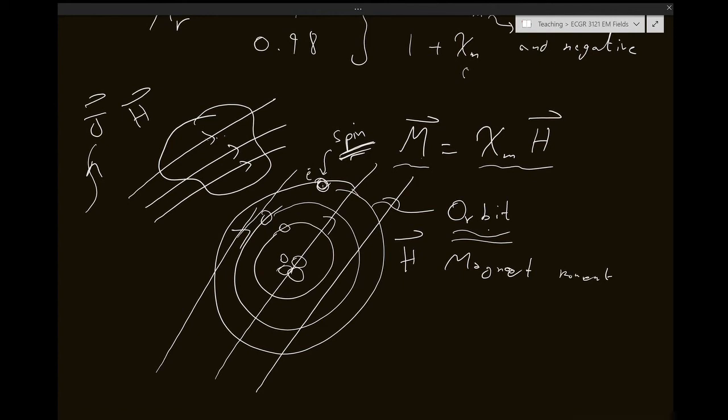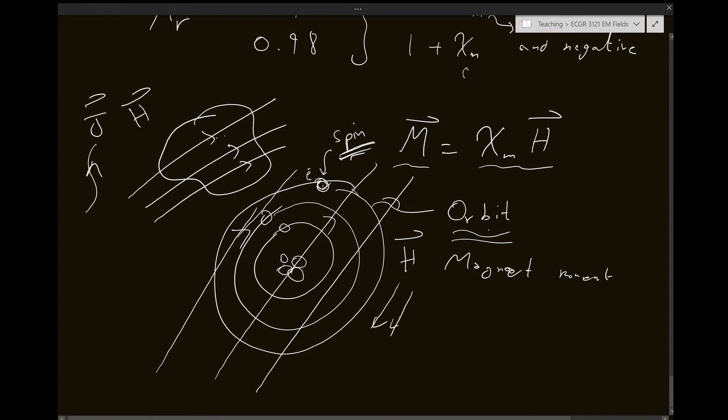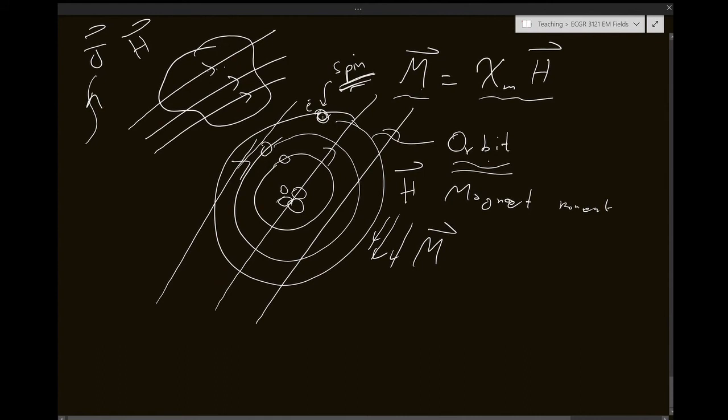And this imbalance is going to show in a way such that the magnetization field is going to oppose the external magnetic field, right? So most materials naturally will be diamagnetic. They will oppose the magnetic field a little bit, right?